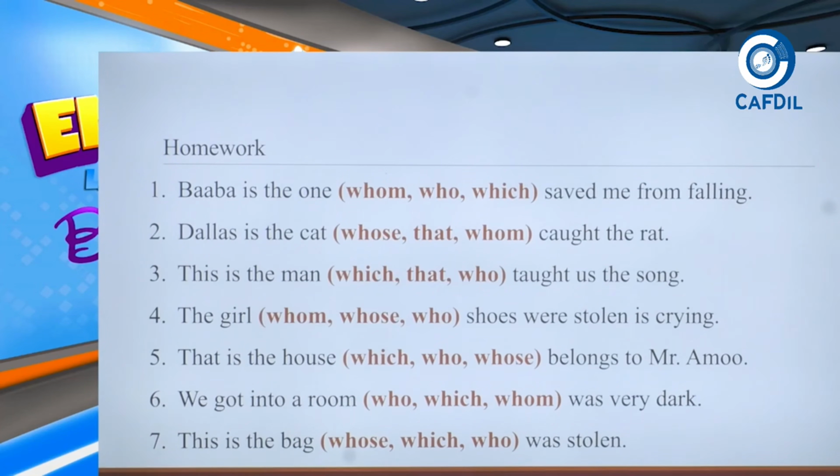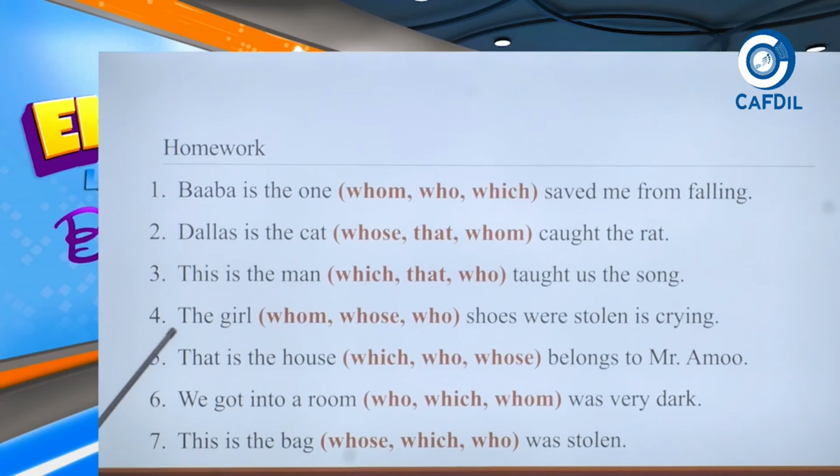Choose the correct one to complete the sentence. 3. This is the man. In the bracket we have which, that, who, taught us the song. Here again you have to read it over and select the correct relative pronoun to complete the sentence.